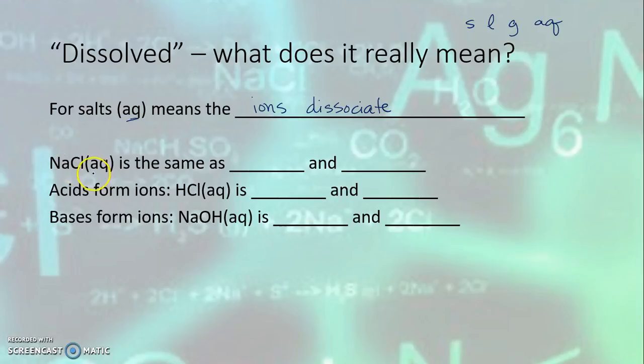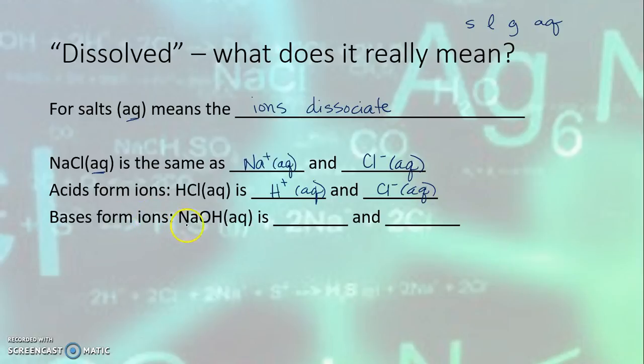Okay, so NaCl, AQ, is saying it's the same thing as sodium ions floating around in aqueous solution and chlorine ions floating around in aqueous solution. Acids will also form ions, where you'll have the hydrogen ions floating around and the chlorine ions floating around, in this case because it's hydrochloric acid.